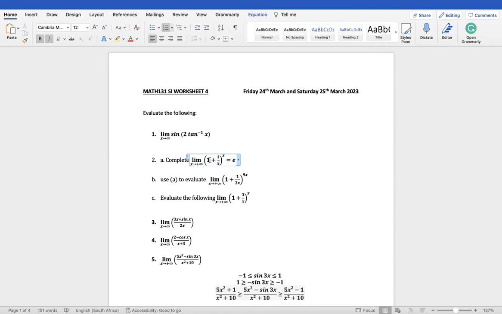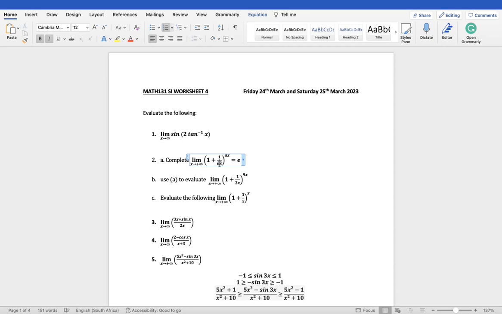You need to have 1 plus 1 divided by x, or any constant multiplied by x, as long as it's in the exponent as well, right? That's the general form. So all you have to do is manipulate each one of these limits to get something that looks like that.